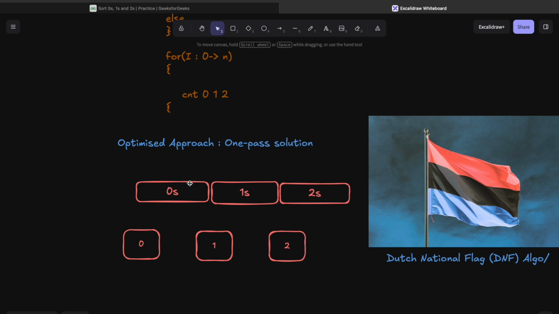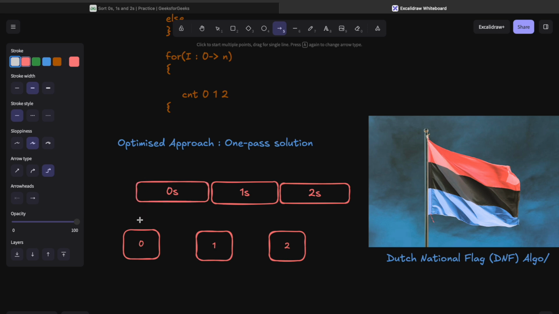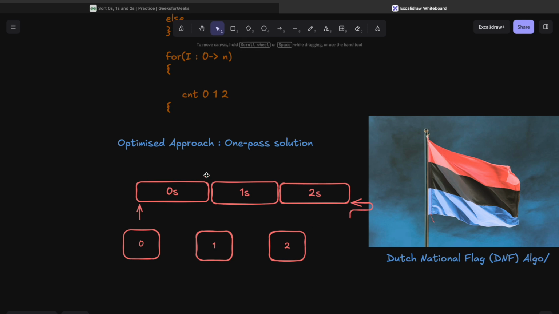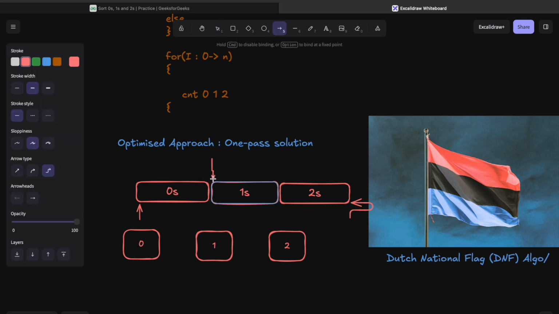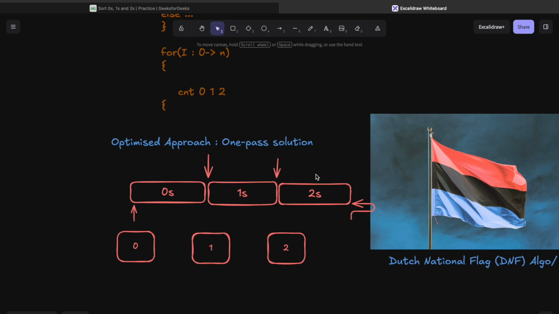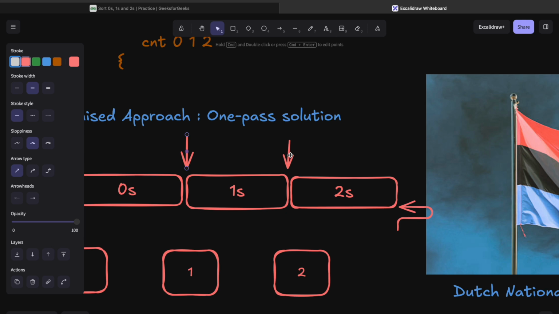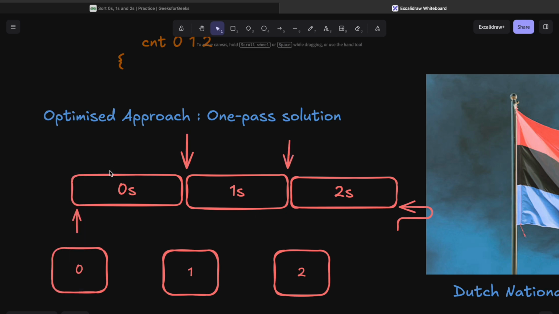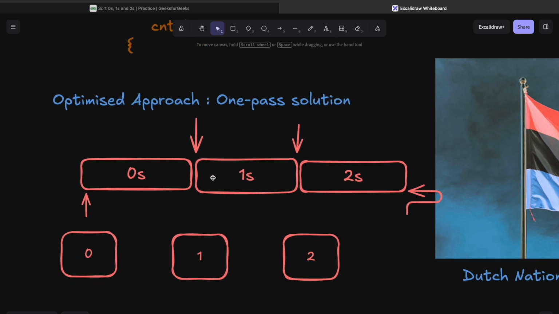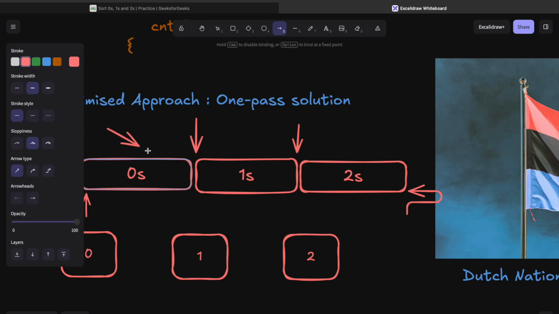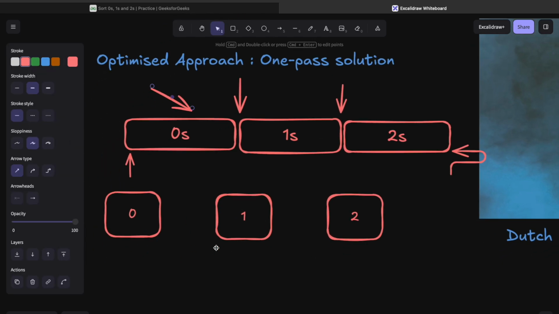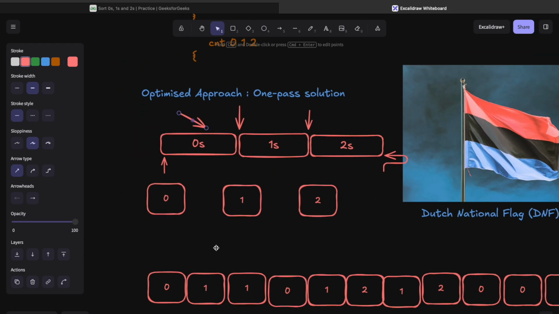I can get this end very easily, and this end also very easily. But what matters is this end, these twos. So I need to somehow be able to get these twos and make some sort of swaps so that finally I can obtain this kind of state. So that is the basic idea.